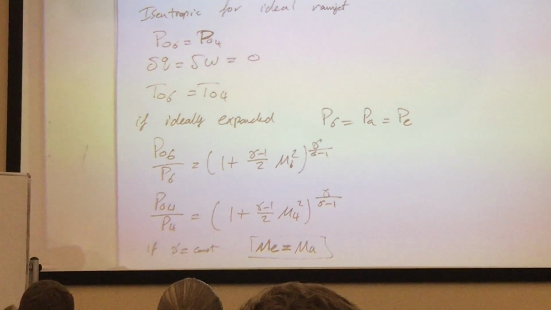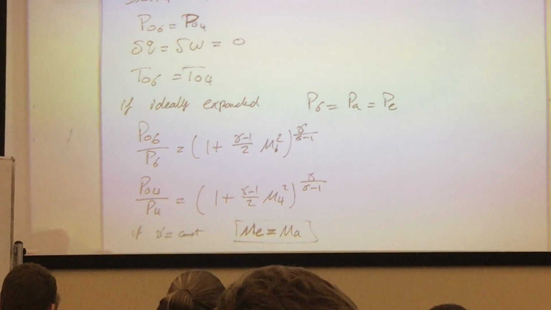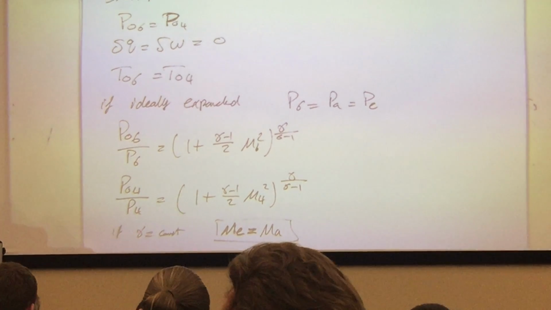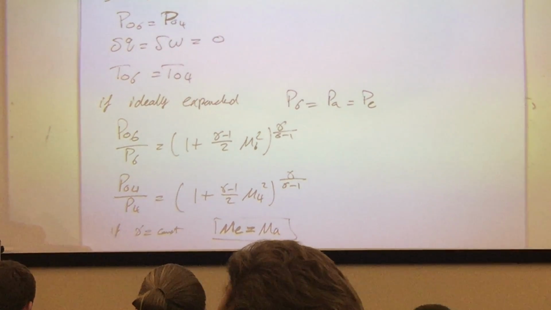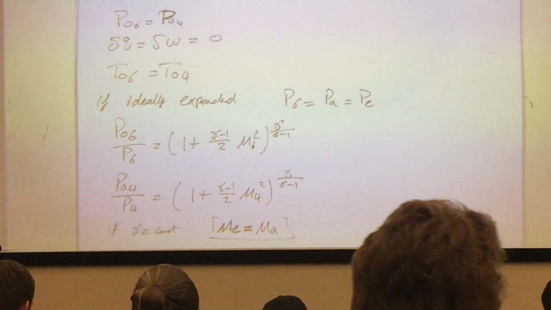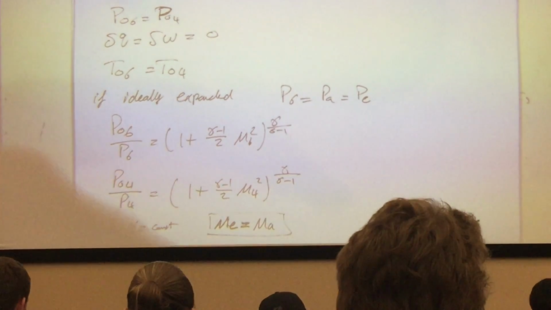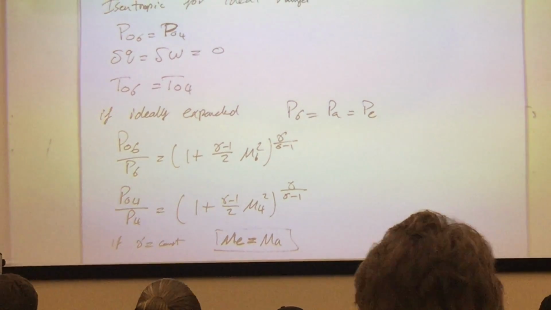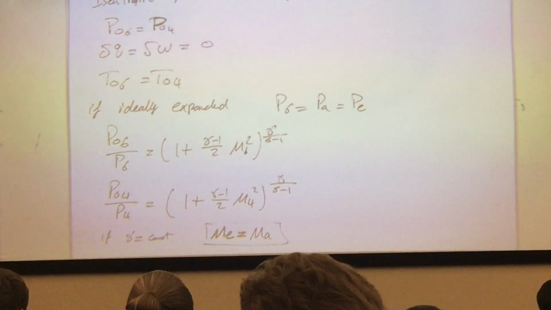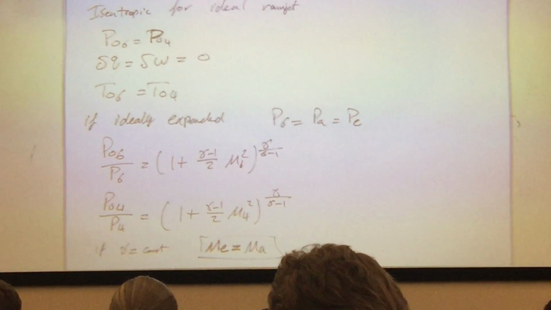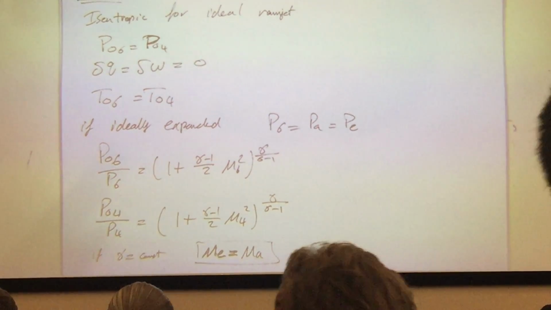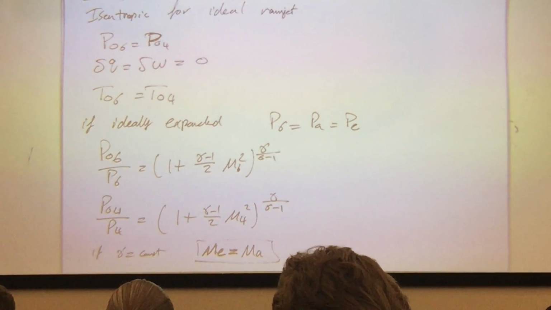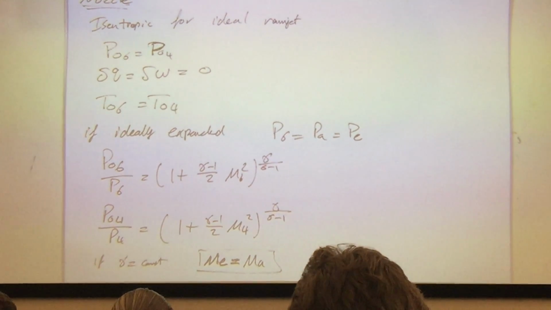You could run it as an accelerating thrust propulsion system, meaning I need to go from Mach 1 to Mach 1.2, or Mach 2, so I need to expand my gas faster. But if I'm cruising, my exit Mach number is equivalent to my flight Mach number, because I'm generating just enough thrust to equal my drag.